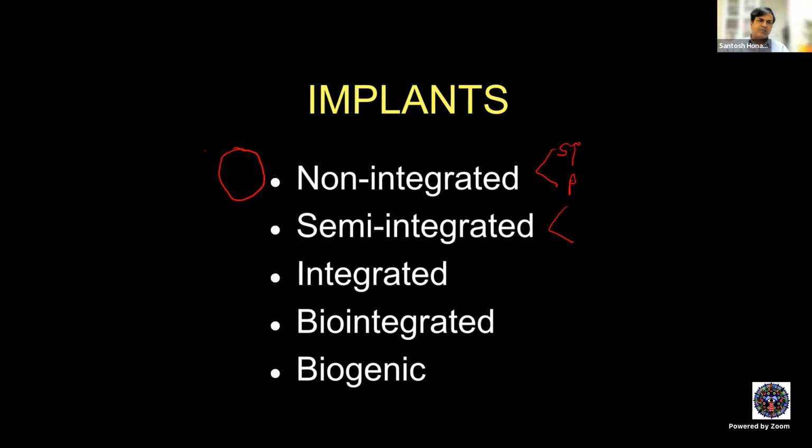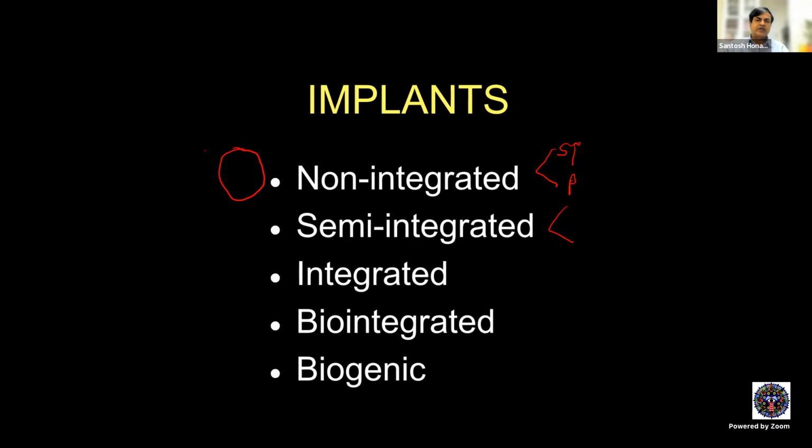So the same implant, silicon or PMMA, can also be used to cause semi-integration, but it is not integrated with the prosthesis. So semi-integration is a process where the implant is integrated with the orbital soft tissues by covering it with sclera or directly suturing the implant to the extraocular muscle, in which case you use a porous material.